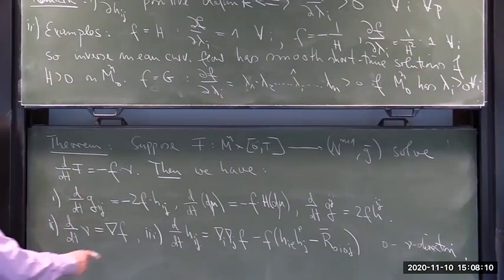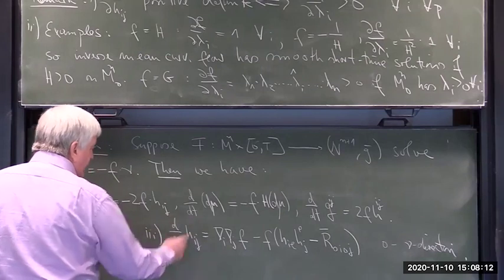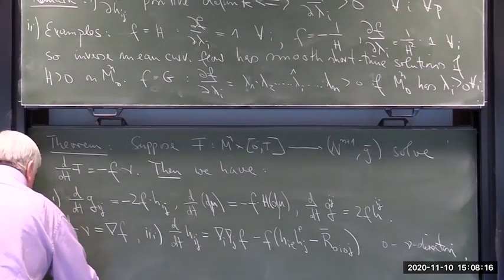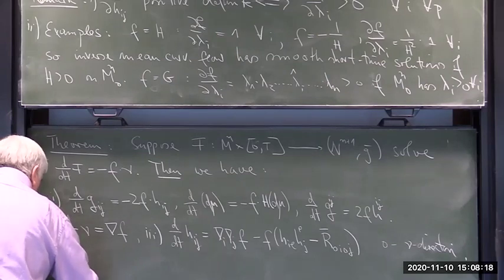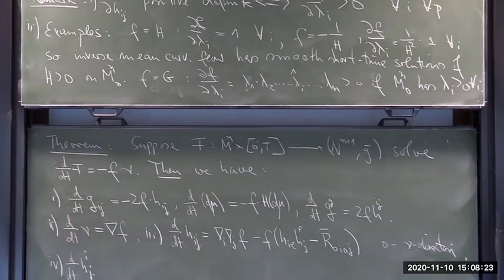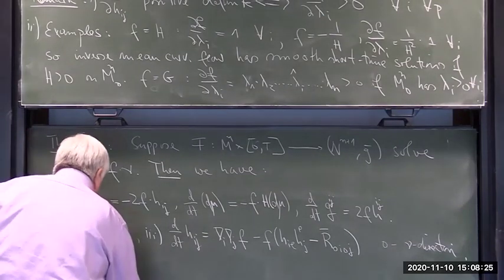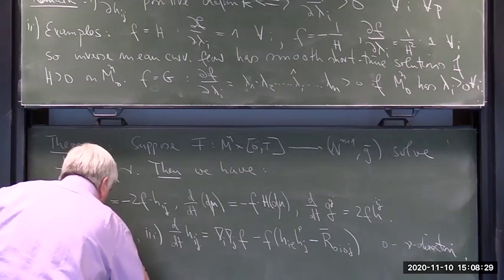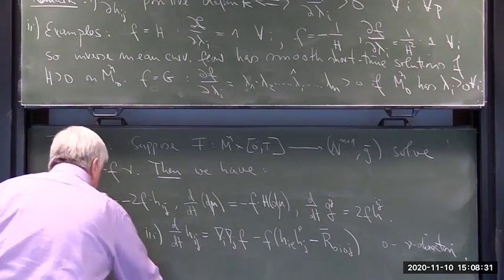And sometimes it's also important to have one index raised. So let's write this here, d/dt of h^i_j, so that's the Weingarten map. Then you get here the Hessian ∇^i_j of f.